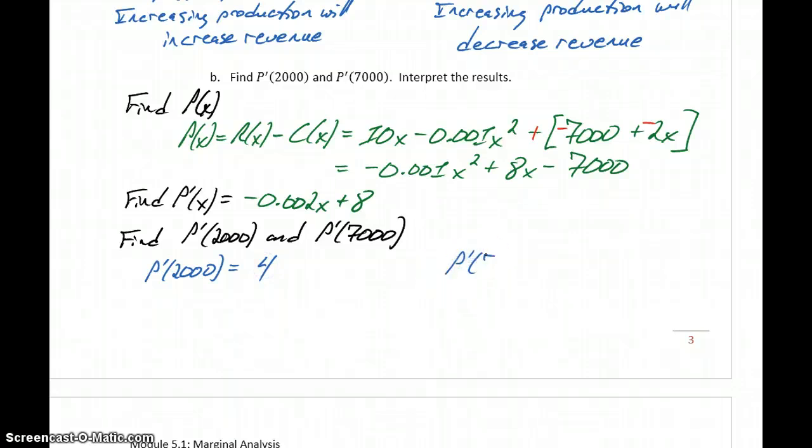We would also plug in 7,000 into our marginal profit function, and we get a value of negative 6. The interpretation here is exactly the same as for the marginal revenue function. If we're at a production level of 2,000 units, increasing production by one more unit should increase our profit by about $4.